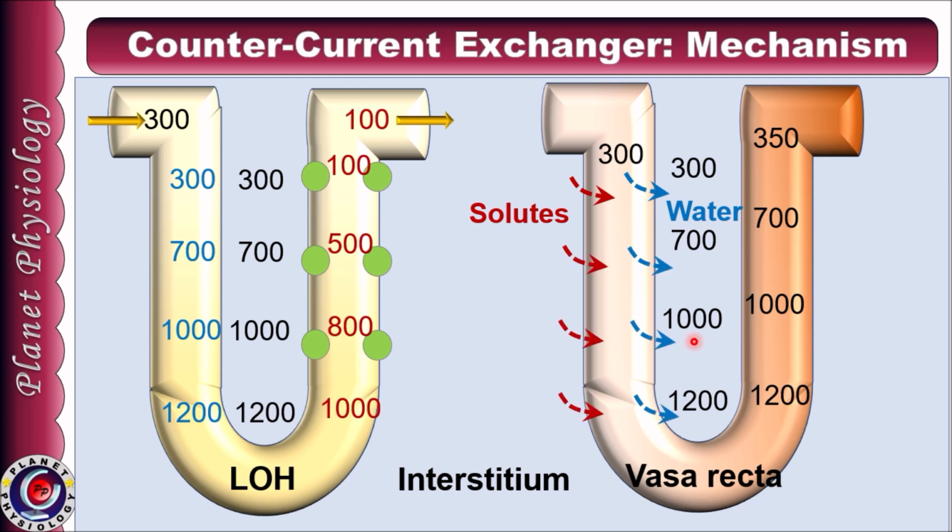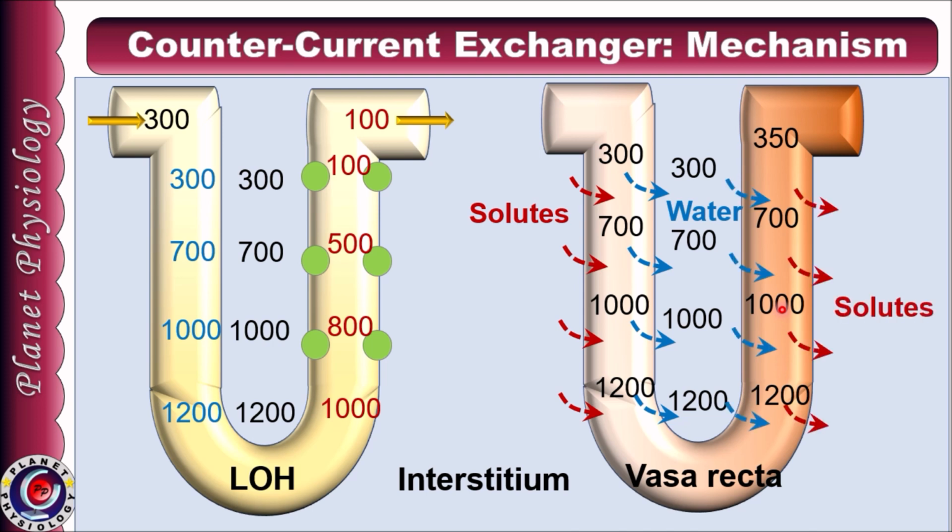As a result, as blood reaches the tip of vasa recta, its osmolarity has increased to 1200 milliosmoles per liter and the interstitium gets diluted. Now, as blood starts moving in the ascending direction, solutes diffuse back into the interstitium and water enters into the vasa recta.